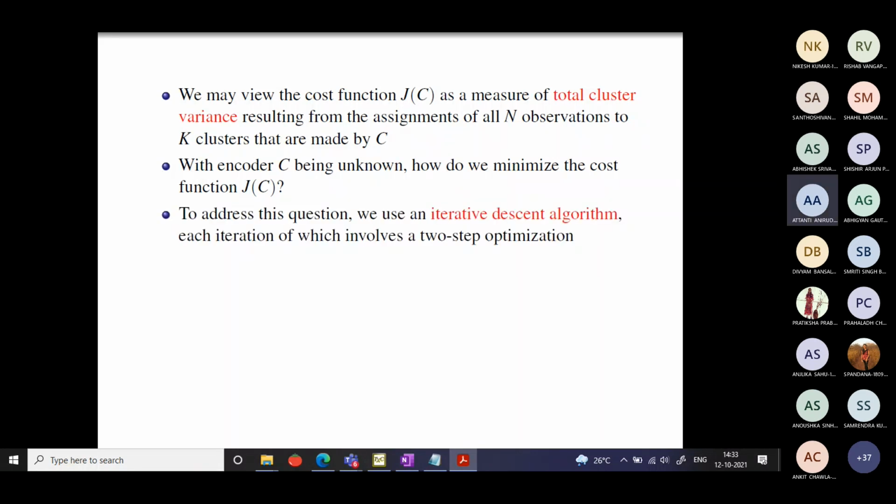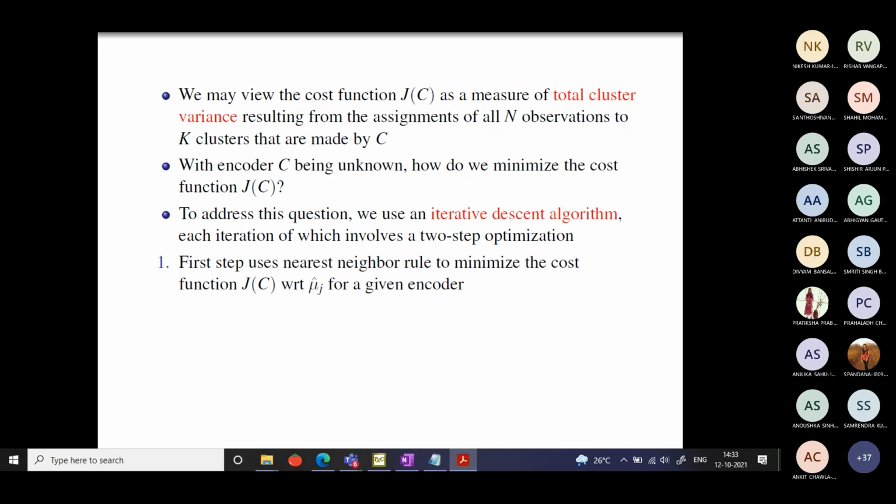To address this question, we use an iterative descent algorithm, each iteration of which involves a two-step optimization process, and we'll see that. First, it uses the nearest neighbor rule to minimize the cost function with respect to the mean for a given encoder. I hope you all know what is meant by the NNR rule, that is, nearest neighbor rule.